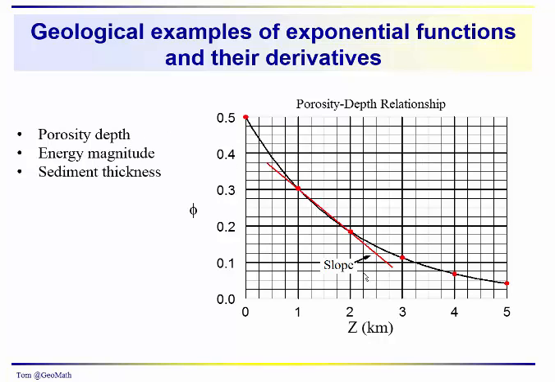It's an exponential decay function. We'll talk about that. We'll talk about the energy earthquake magnitude relationship, and we'll talk also about a mathematical relationship which describes the thickness variations through time in an extensional basin.